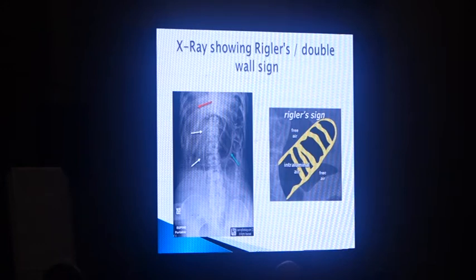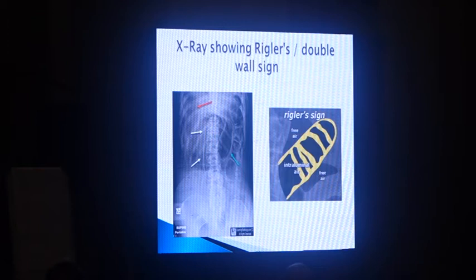Now this is called Rigler's sign. This sign is usually present when the amount of free air inside the abdomen is too much. Usually, in cases of perforation peritonitis, we can see only one side of the gut wall.